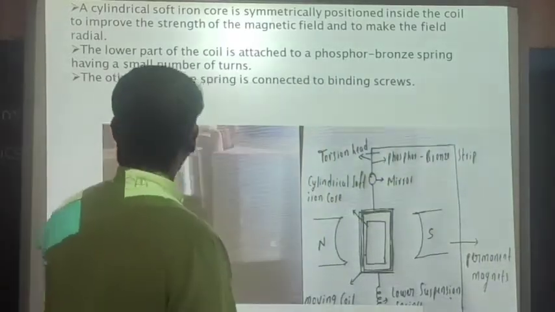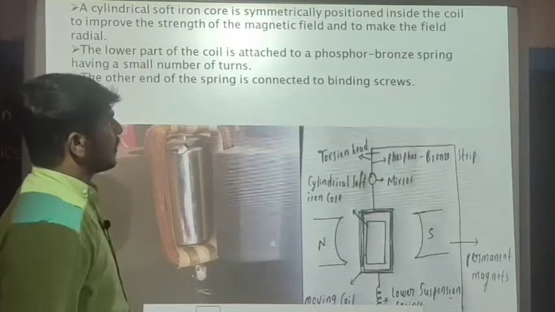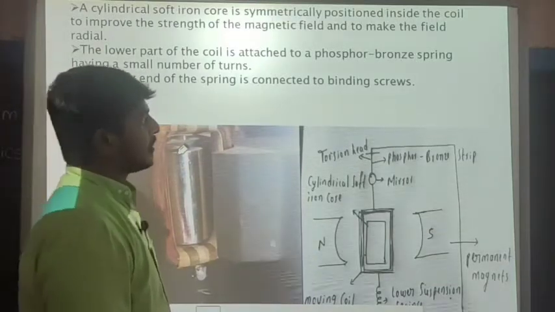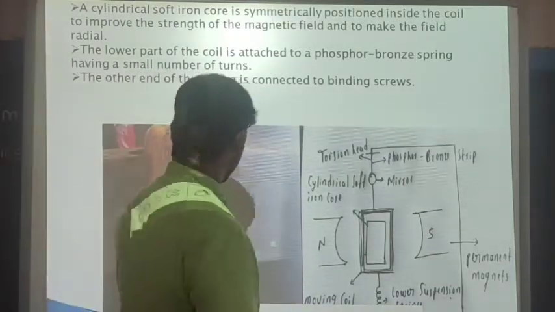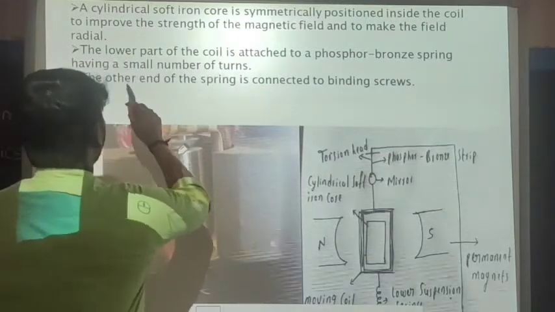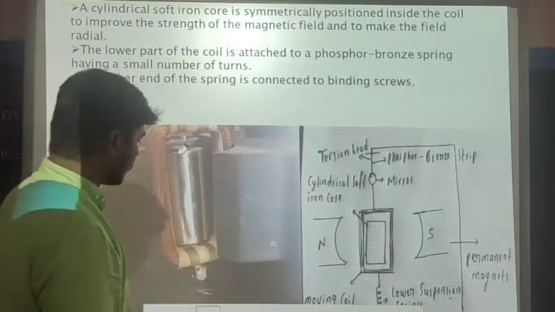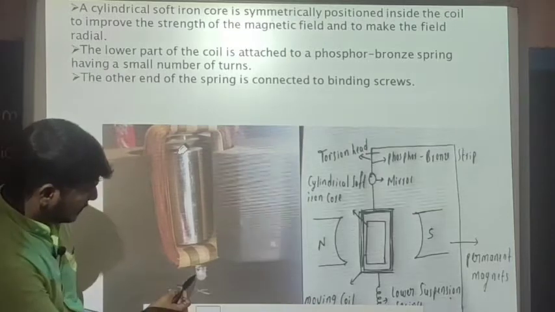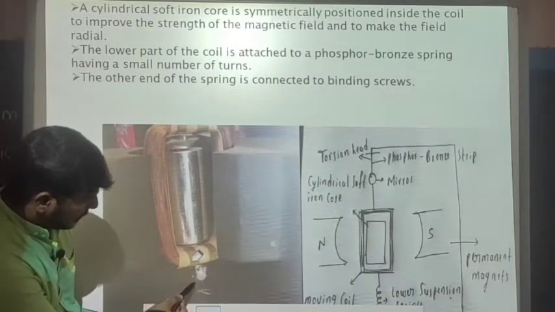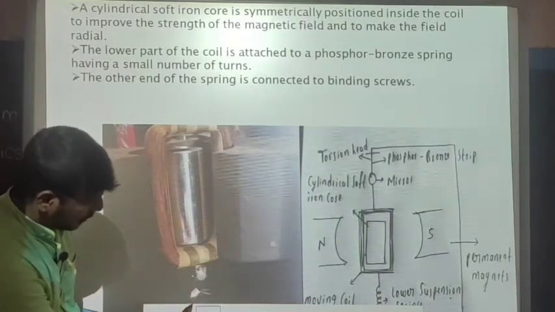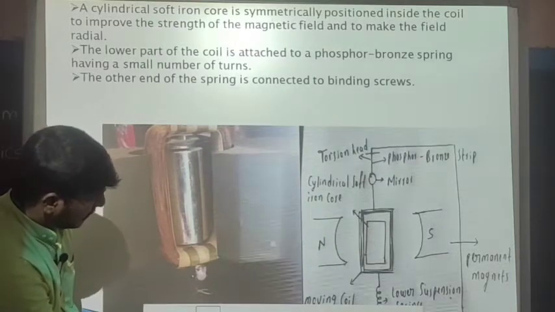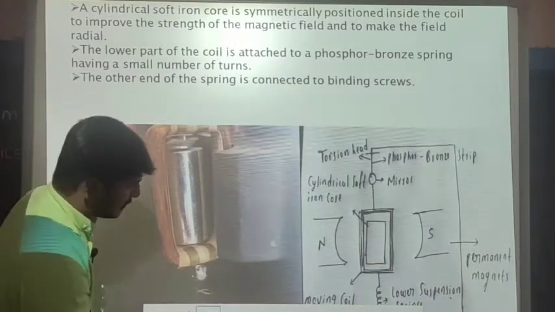And the next point is the lower part of the coil is attached to a phosphor bronze spring having a small number of turns. You can see the lower end of the coil is connected to the phosphor bronze spring which has fewer turns.